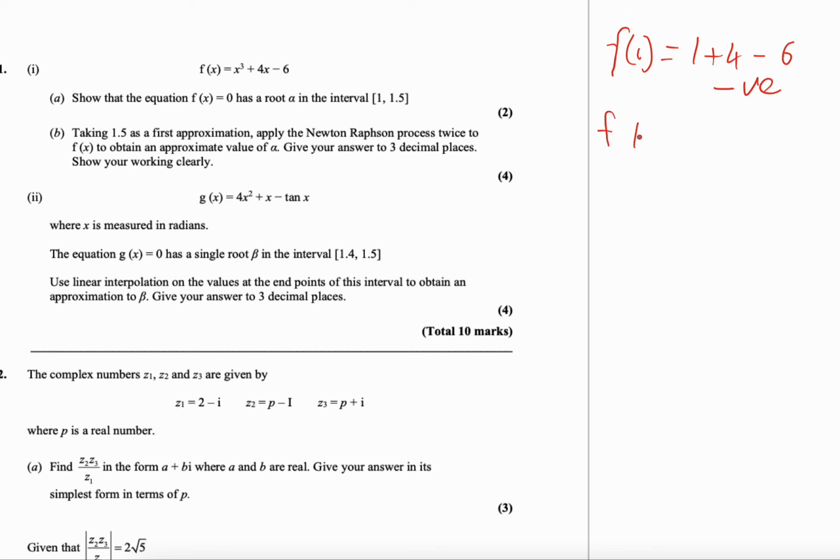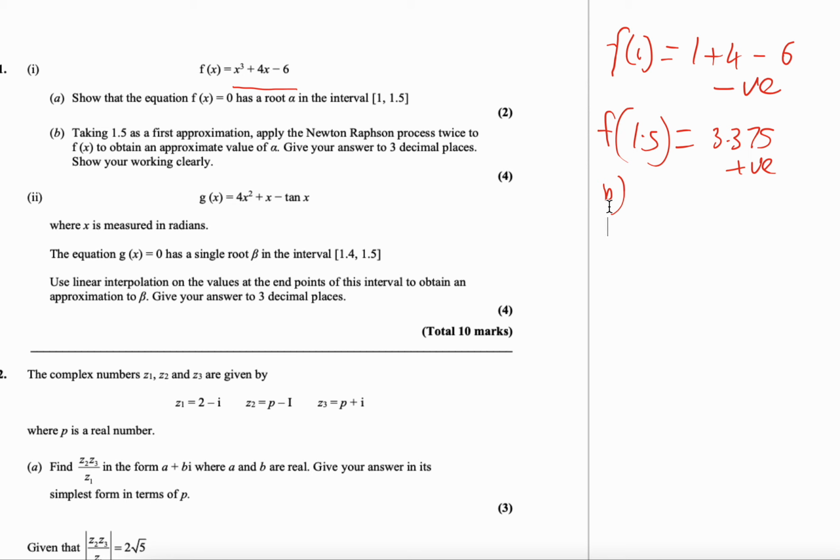And then f of 1.5 is 3.375, which is positive. So, given that this is a continuous function, there must be a sign change. Okay, part B.